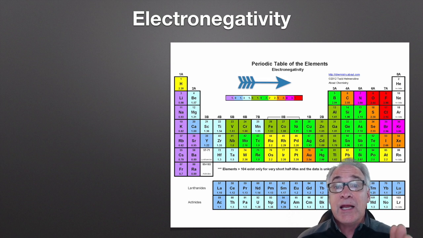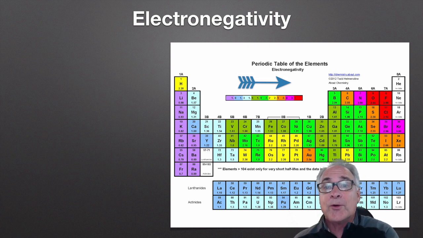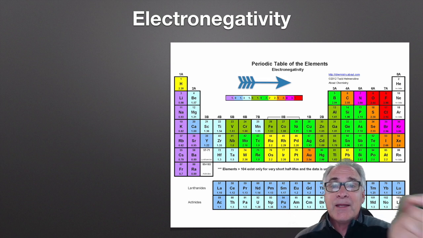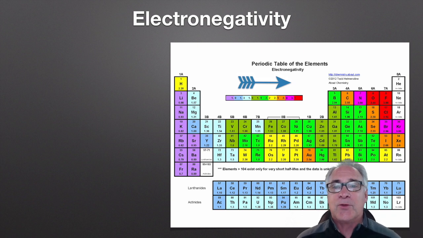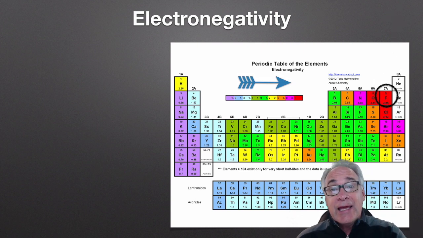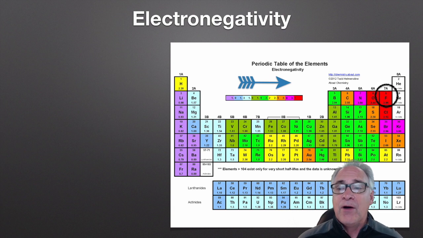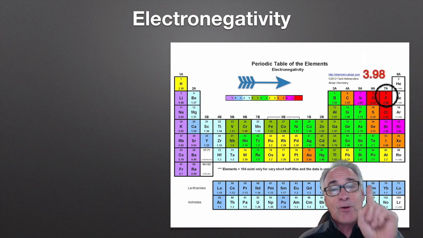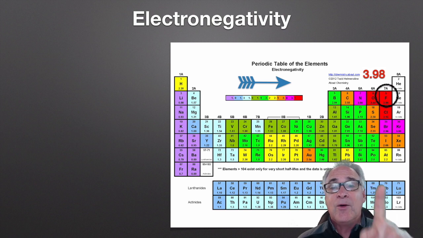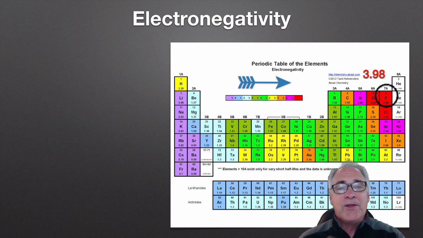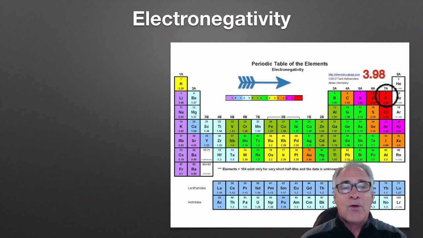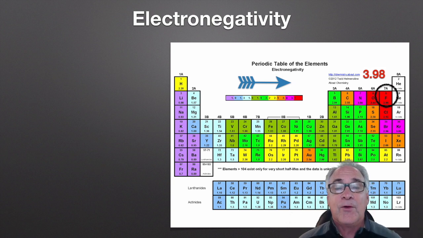In other words, the element has a stronger desire to get 1 or 2 more electrons in its outer valence. In this case, we have fluorine. Fluorine has 7 electrons on the outside, so it only needs 1. So it's strongly electronegative: 3.98 on the electronegativity scale.